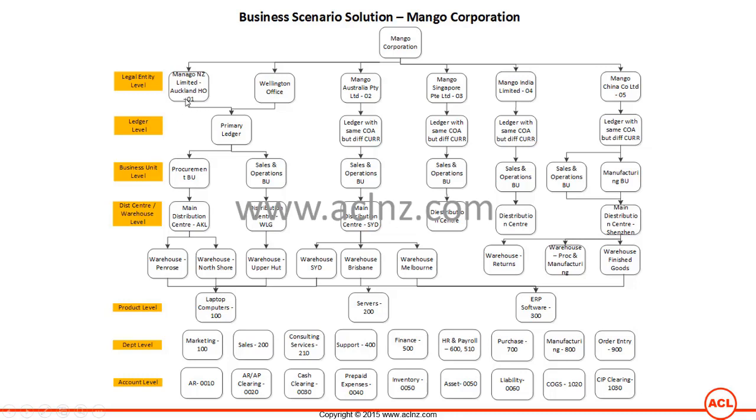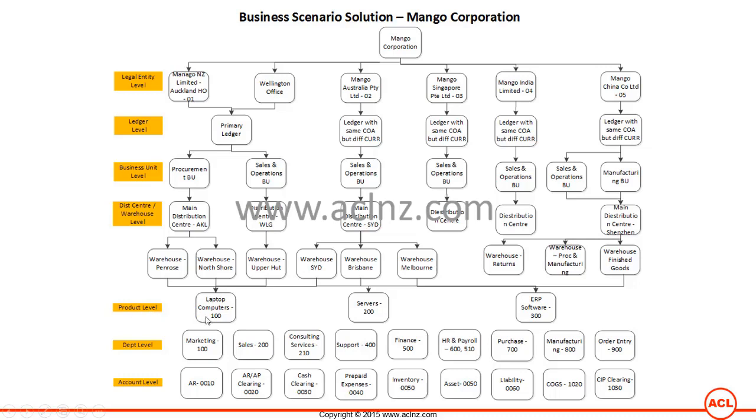So legal entity has got a unique number 01, Australia has got 02, Singapore 03, India 04 and China 05. Likewise, you will have unique numbering for the operating units, and inventory organization requires a 3 letter unique code. So for Auckland it's AKL, and Wellington Distribution Center is WLG, likewise for other inventory orgs.